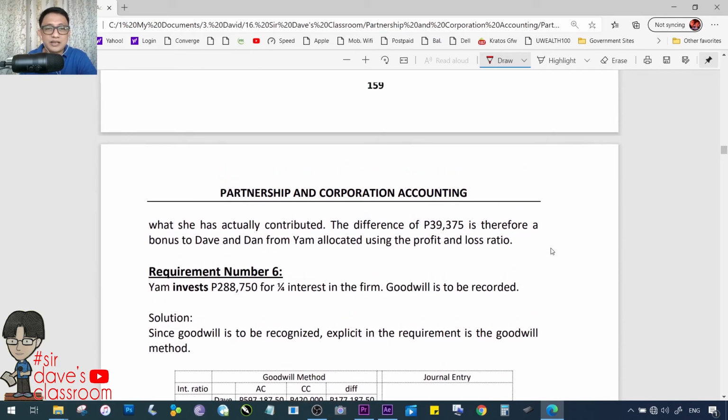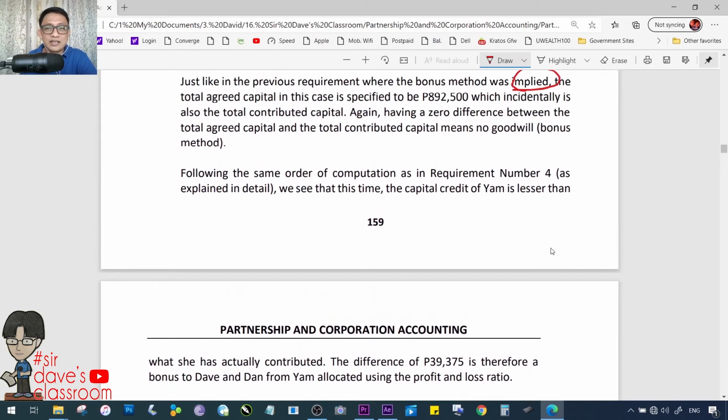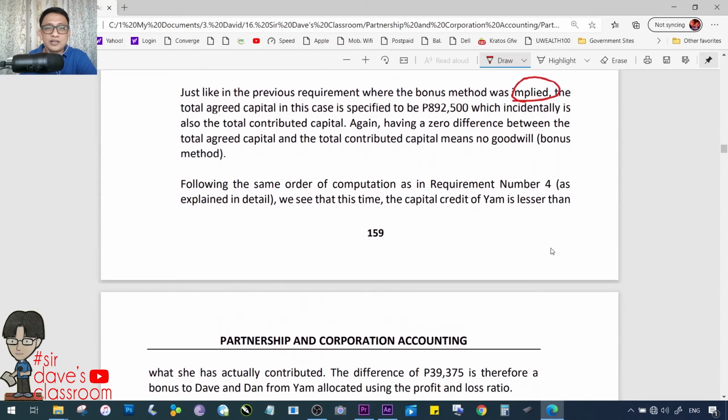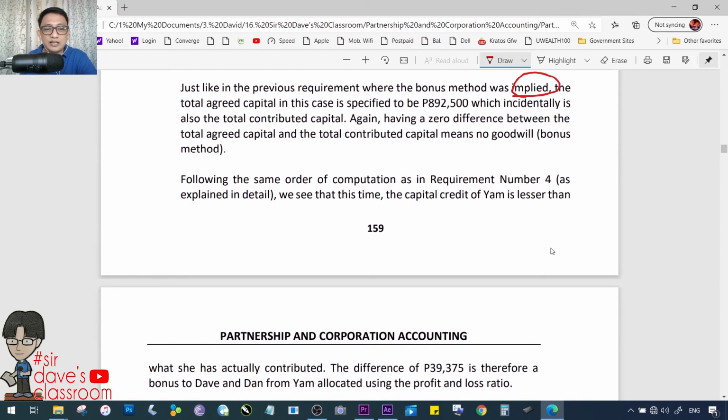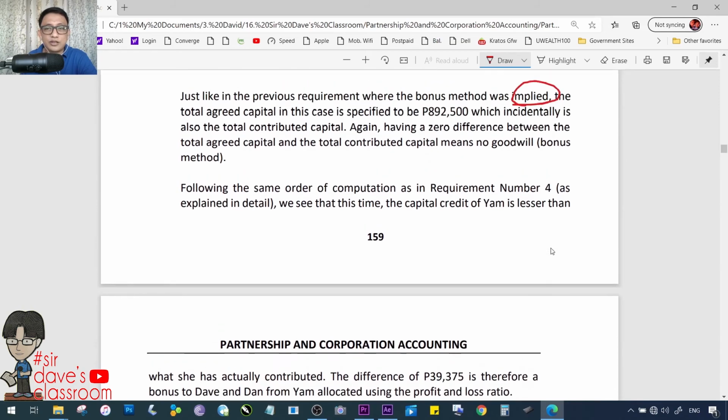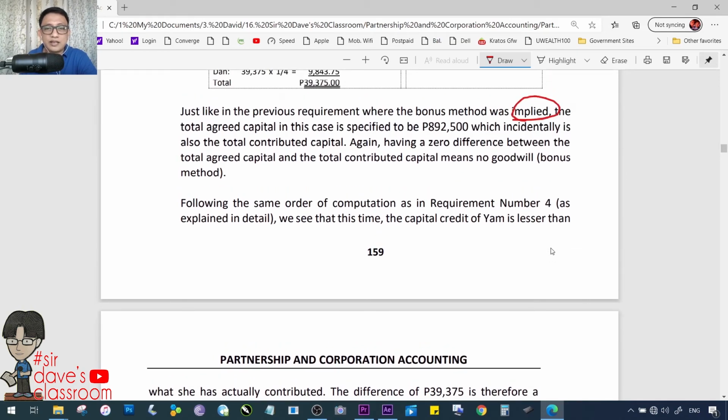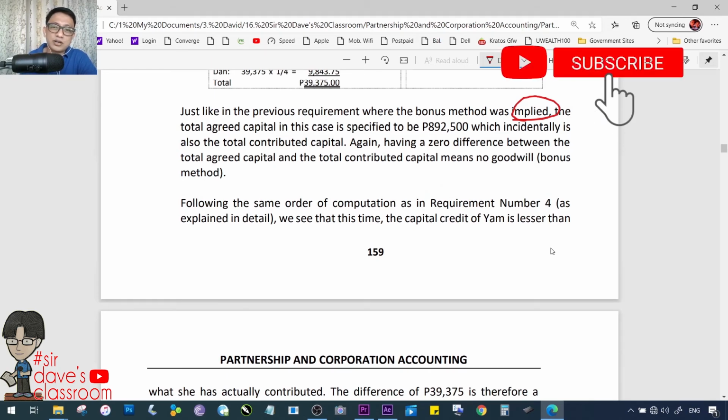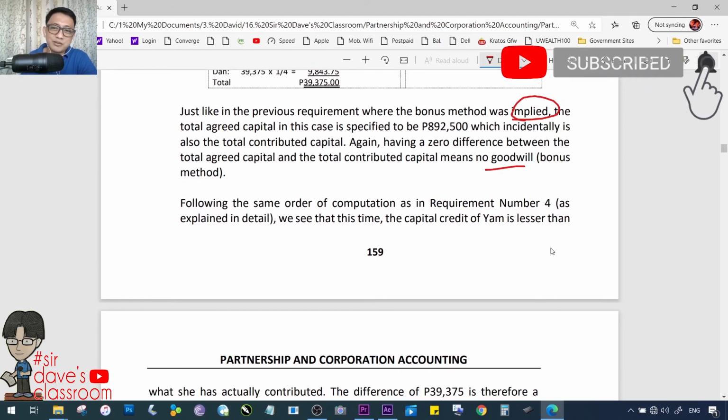Alright? Naglagay ba tayo ng sequencing dito? Hindi na tayo naglagay sequencing. Doon sa ating discussion kanina, ganun yung ating correct sequencing. Okay, tuloy na nga natin basahin ito. Again, having a 0 difference between the total agreed and the total contributed means no goodwill. Bonus method na. Or the net investment method na lang ang possible dyan.